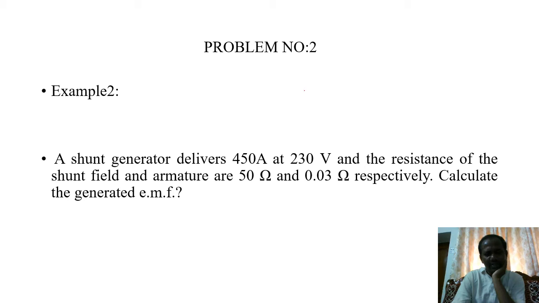The type of generator is shunt generator. This is the shunt field winding, connected across the armature.